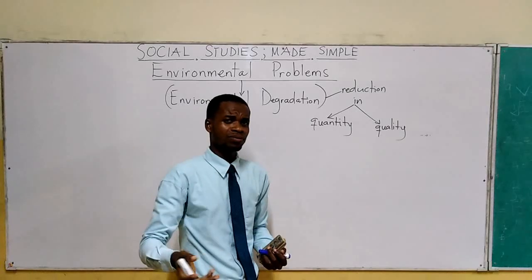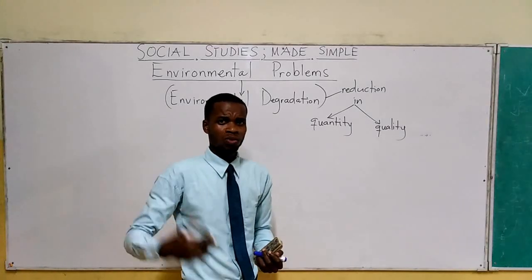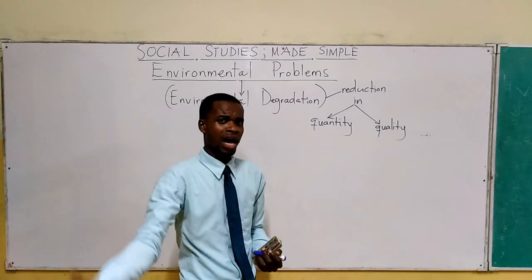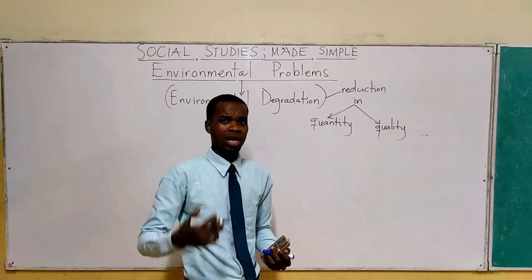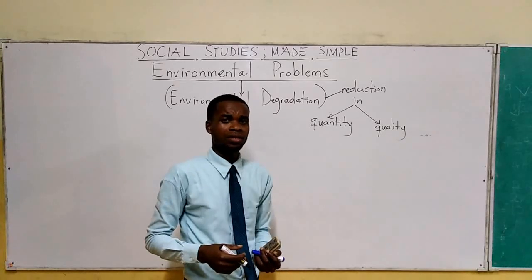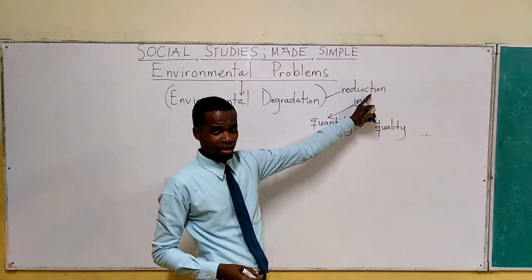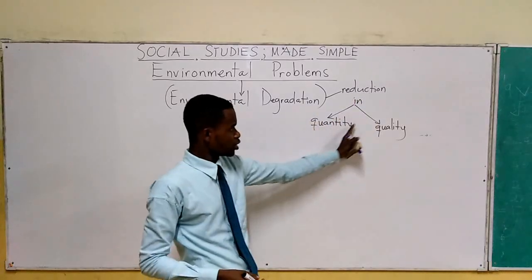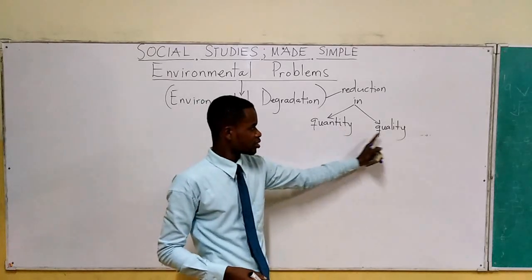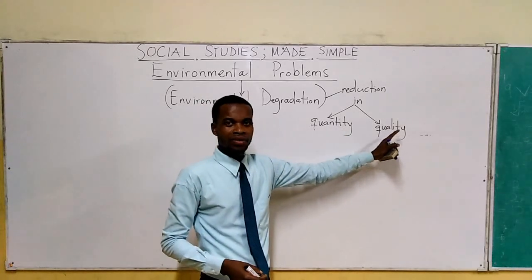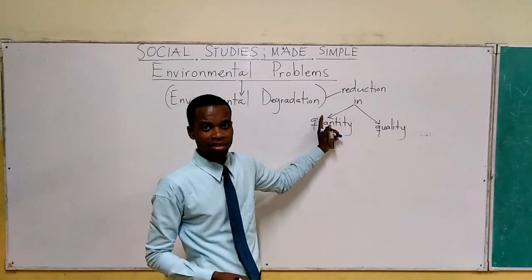Are they valuable? Are they helping us? Are we depending on them? What satisfaction are they giving to us? The trees, the animals we have, and even the surrounding air. When the surrounding air reduces in quantity and quality, then environmental degradation is likely to occur.